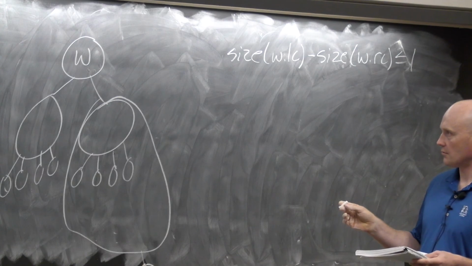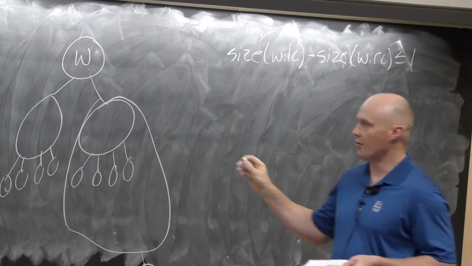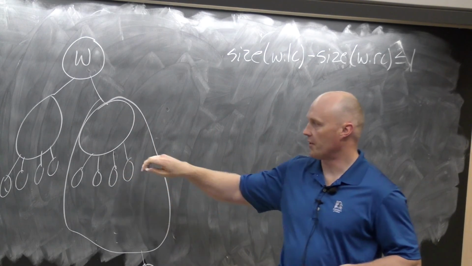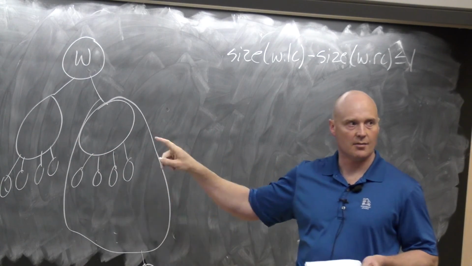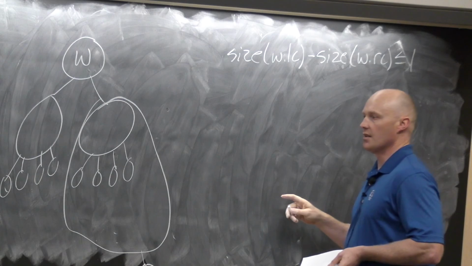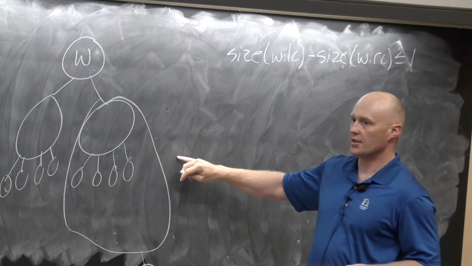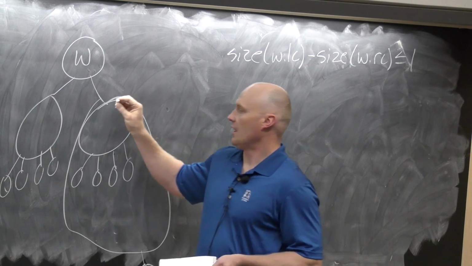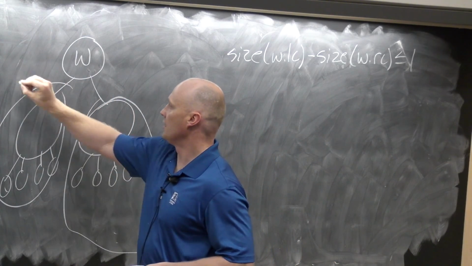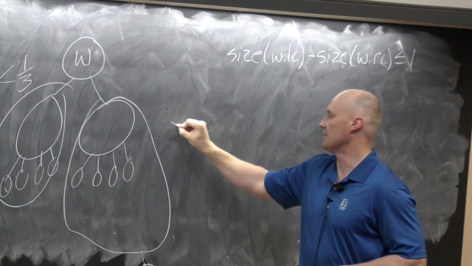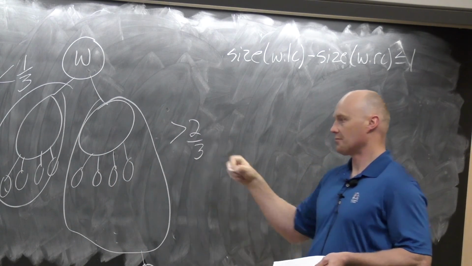So the number of nodes that we added is at least the difference in the size of these two sides minus 1. Because if this side is at least 2/3 of the entire tree, then this part here is at most 1/3. In fact, it's less than 1/3 because this is greater than 2/3.